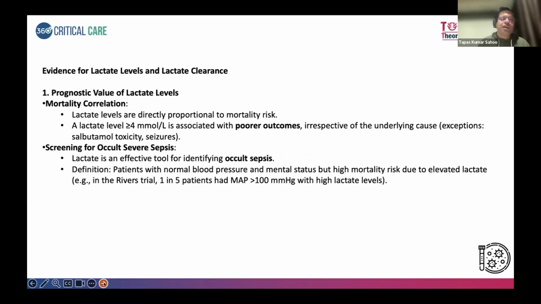Now the evidence for lactate level and lactate clearance: there have been multiple trials that have been conducted to prognosticate the value of lactate level. If your lactate levels are high, that would be directly proportional to the mortality risk, except in salbutamol toxicity or seizures.